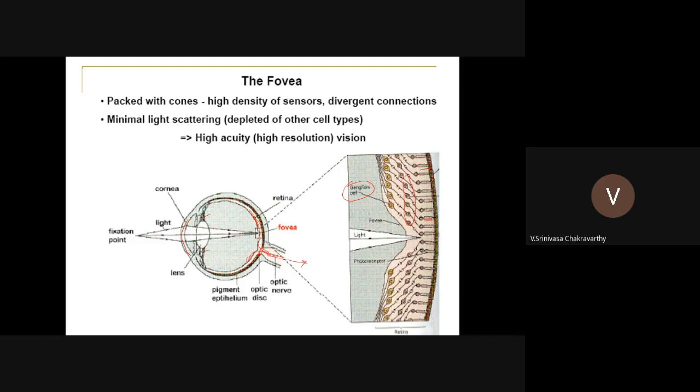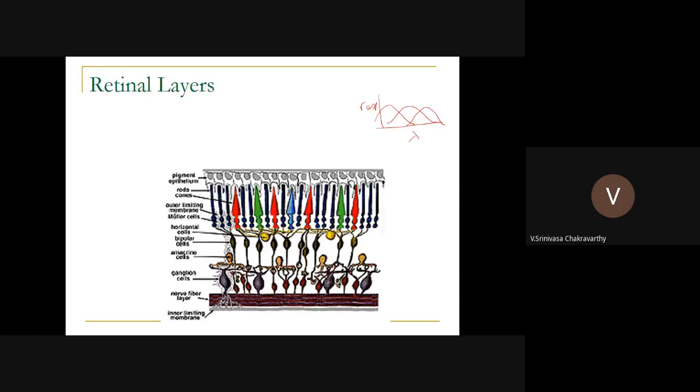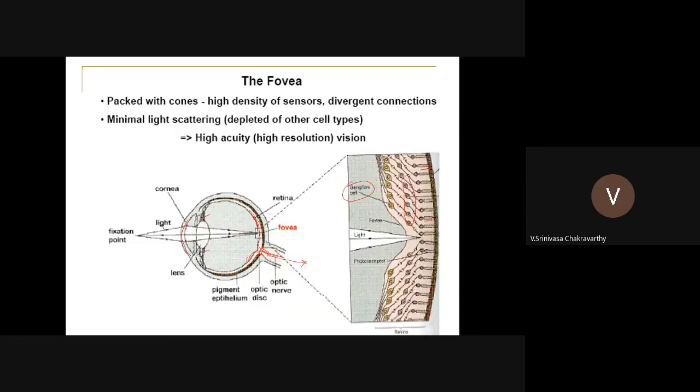And in fact, such a place exists, and at that point, since there are no photoreceptors, you cannot sense light. This point is called the blind spot of the eye. Each eye has one such blind spot. We don't notice it as a dark spot in the visual field because what is a blind spot in one eye is not a blind spot in the other eye.